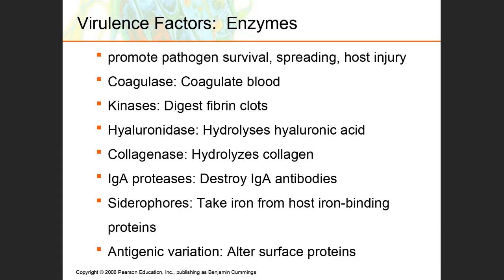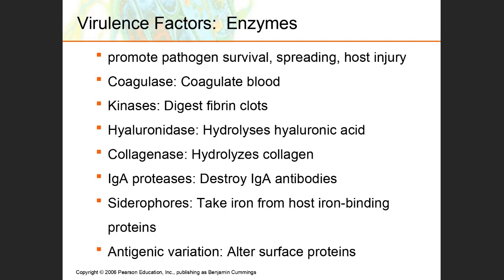And if you've taken anatomy and physiology, you may have learned about fibrin, a protein that associates to form clots. Some pathogens actually want to make clots because the clot acts like a shield, helps to protect that pathogen from the immune system because the immune system cannot get through the clot. But some other pathogens, they do not want to be stuck behind the clot. They want to spread. So they use kinases to digest away the clot so they can spread.